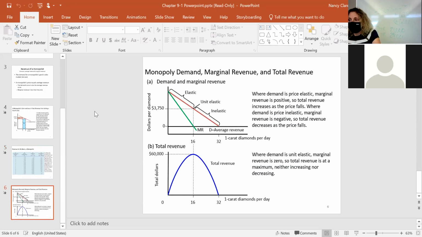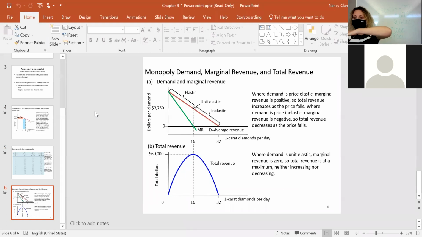What you are looking at here is how the revenue curves now look compared to perfectly competitive firms. That top graph shows your red demand curve, downward sloping demand curve. You now have a marginal revenue line. That's going to be the green one right there.